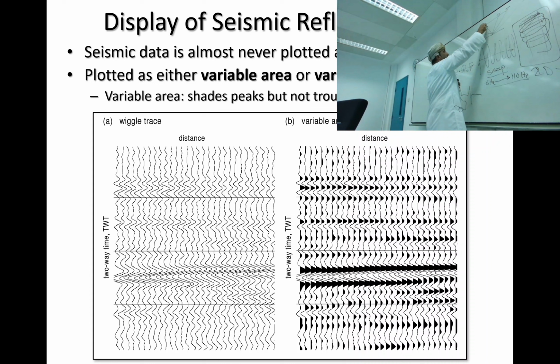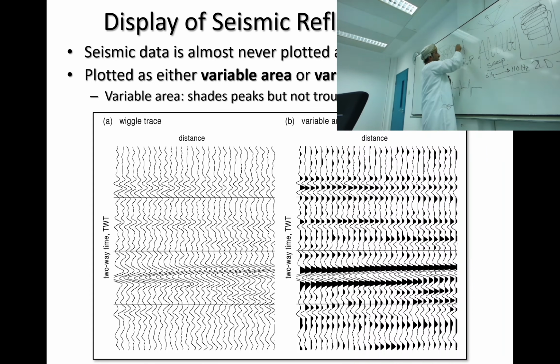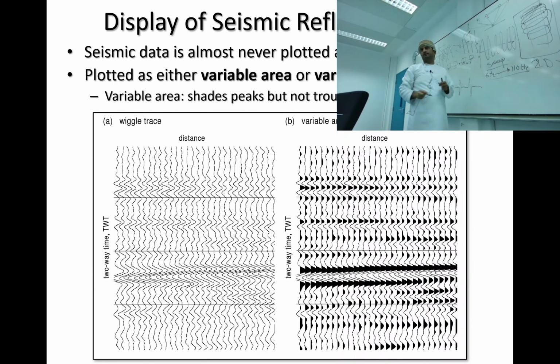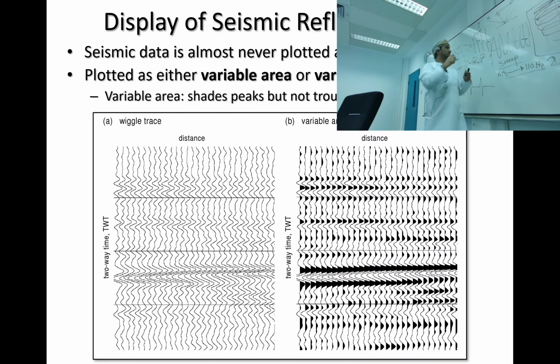If I plot them time versus offset, this is the spacing. This has the lowest offset, so I get a reflection like that. Then another reflection, from the second one, and this is from the third one. That's what you get. What do we call this line?